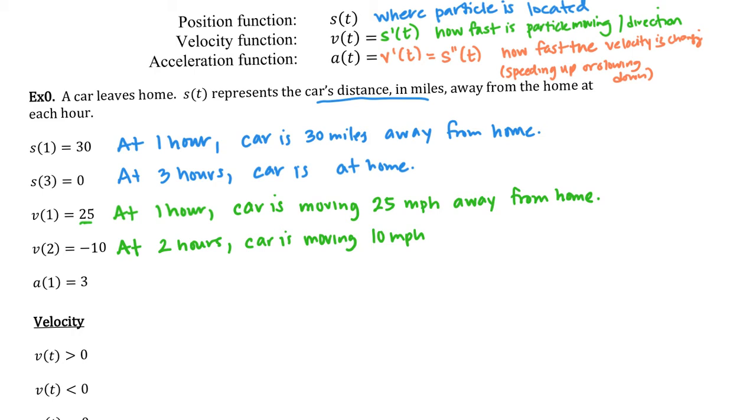Well, positive meant I was going away from home. So negative means I'm moving toward my home. So at 2 hours, I'm coming towards my home at 10 miles per hour, okay? The velocity was negative 10, but when I'm interpreting it, I'm going to say a positive velocity and then explain why it's negative. What is the meaning of the negative velocity?